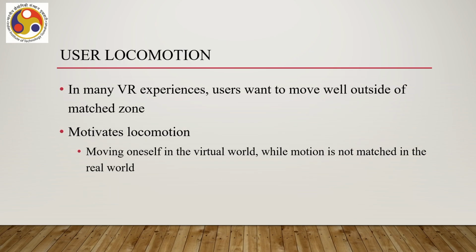In many VR experiences, users want to move well outside of the matched zone, which motivates locomotion. So, moving oneself in the virtual world while motion is not matched in the real world. We have already briefly talked about what happens in such cases.